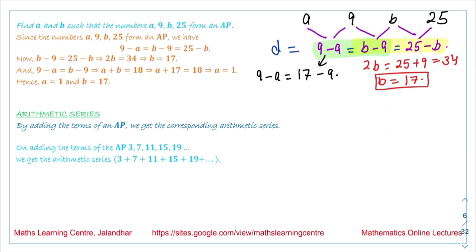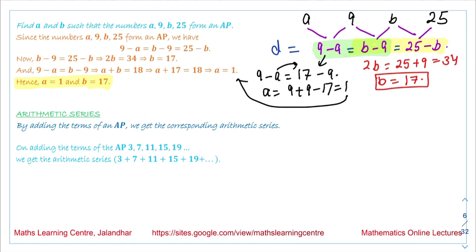So for the value of A, we shift A to one side and the other terms to the other side: 9 plus 9 minus 17 is equal to 1. So the final answer is that A is equal to 1 and B is equal to 17.